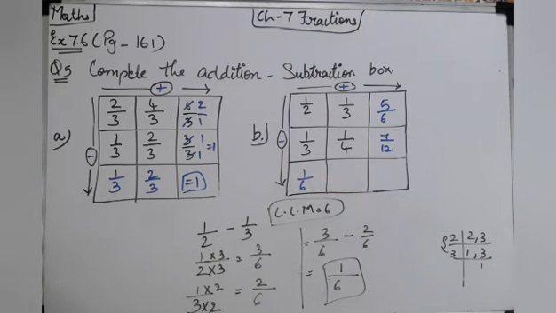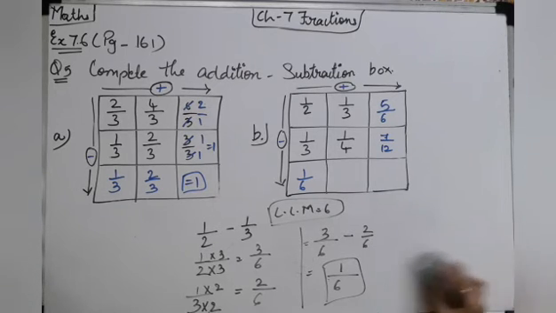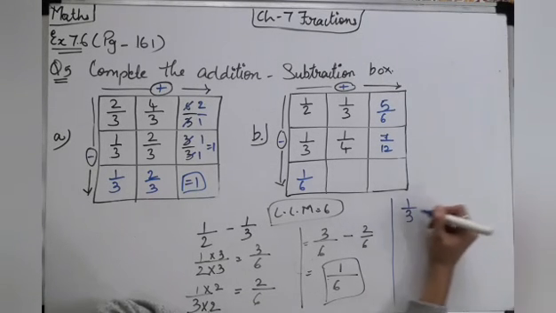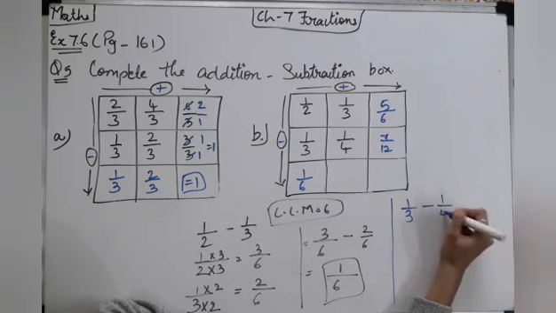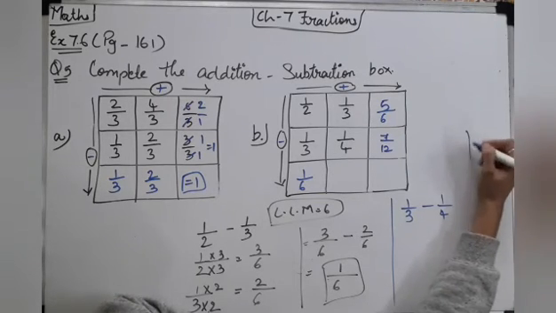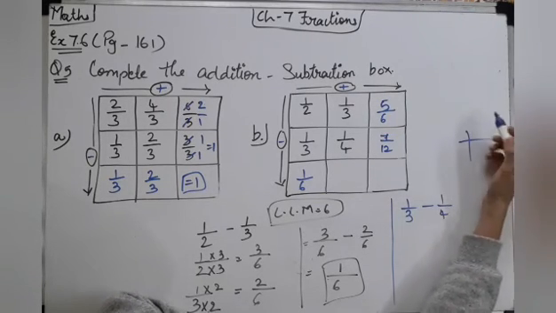Okay. Same way we will do the next one. 1 upon 3 minus 1 upon 4. Minus because we are going upward to downwards. Don't forget that thing. 3 and 4.